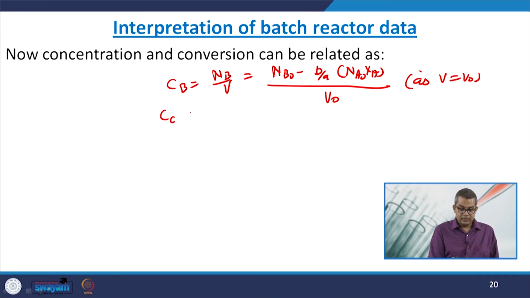Now, the concentration of component C, that is Nc upon V, is equal to Nc naught plus C upon A Na naught Xa.